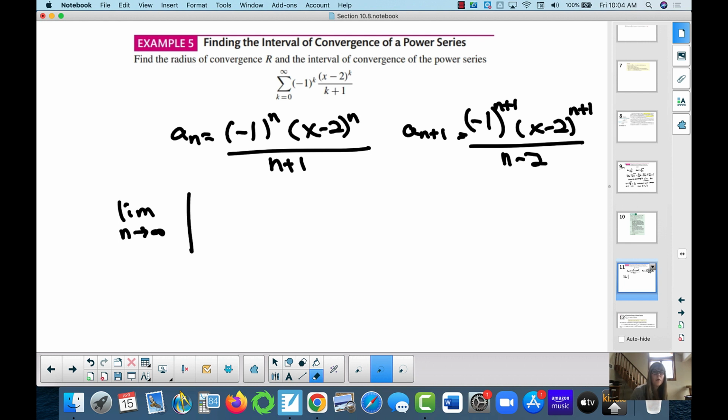I can ignore this piece of it because of the absolute value. So I'm going to ignore the -1 to the n power in a sub n, and I'm going to ignore the -1 to the n plus 1 power because that's always 1. And then just multiplying by 1, I don't have to write that. So I have absolute value x minus 2 to the n plus 1 power over n plus 2 for my a sub n plus 1. I'm going to multiply by the reciprocal of a sub n.